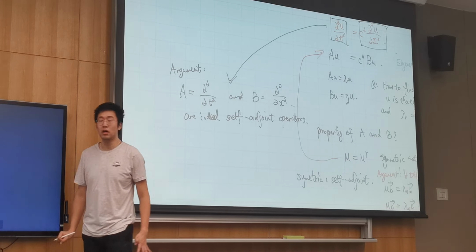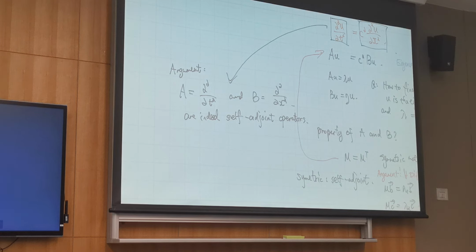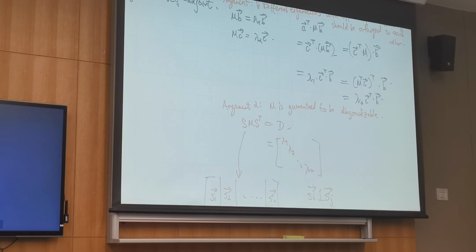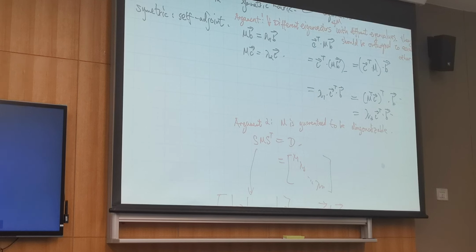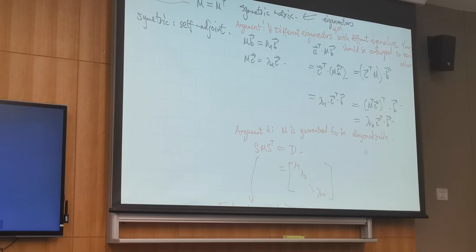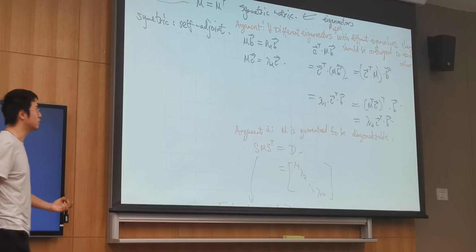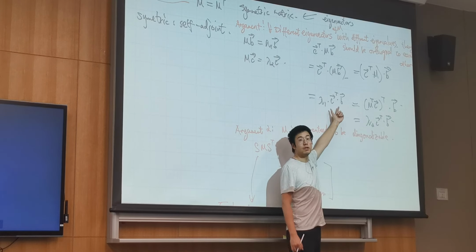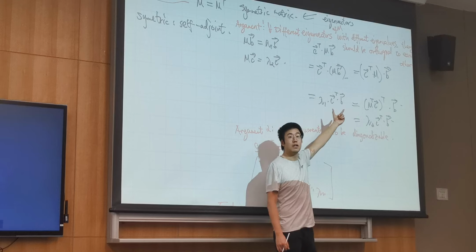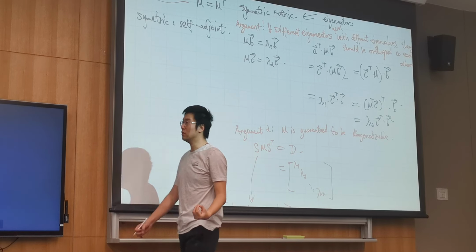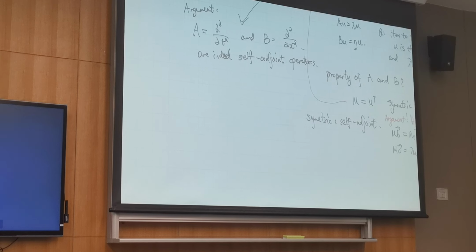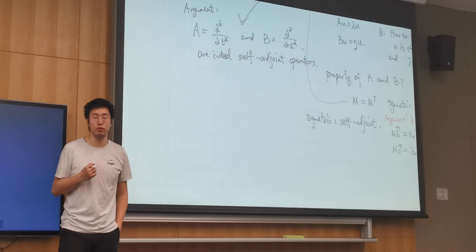How do we show that? Well, you see, how do we make the argument for the symmetric matrix? We talked about the inner product between vectors, right? So when we are trying to argue that A and B are indeed self-adjoint operators, we also need to talk about the inner product.